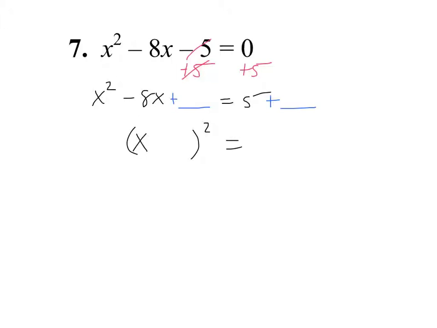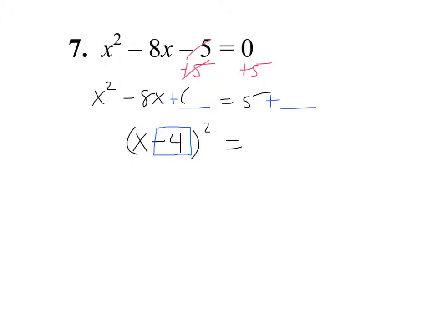Okay, so here is from the rule. The number that goes here is going to be half of our b term. Our b term is negative 8. So what's half of negative 8? Negative 4. So we get minus 4. Well, now the constant that we add here and here is going to be that negative 4 squared.